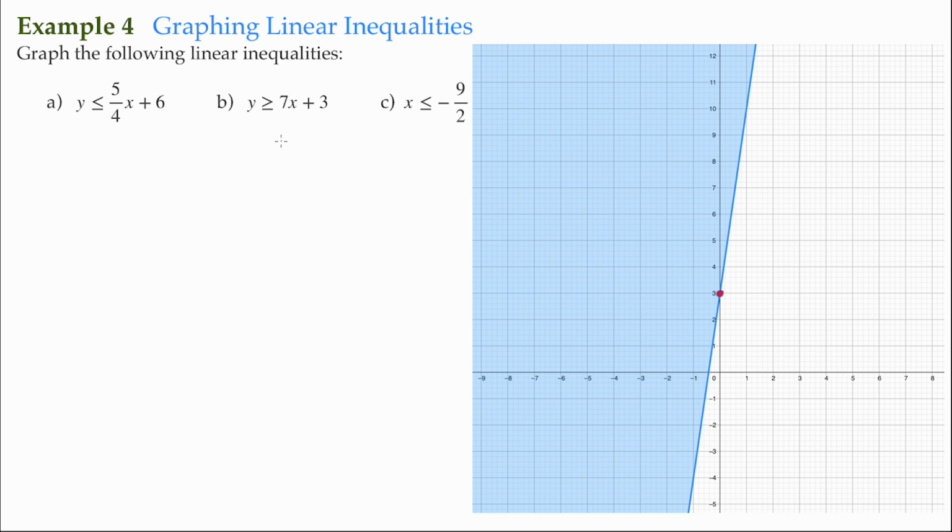Every positive increase of 1 along our x-axis, we have a positive increase of 7 along our y-axis. So we'll go over 1, up 7: 1, 2, 3, 4, 5, 6, and 7. We could also go back the other way, back 1, and then down 7: 1, 2, 3, 4, 5, 6, and 7. So we can see that we're landing on our boundary line.